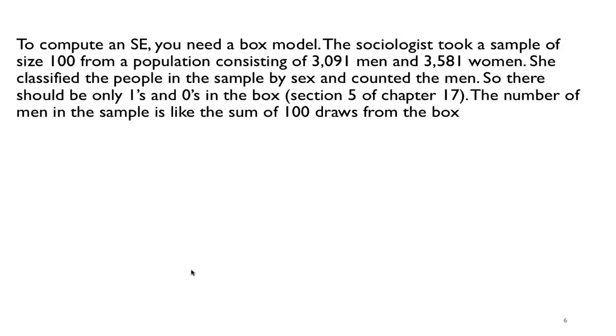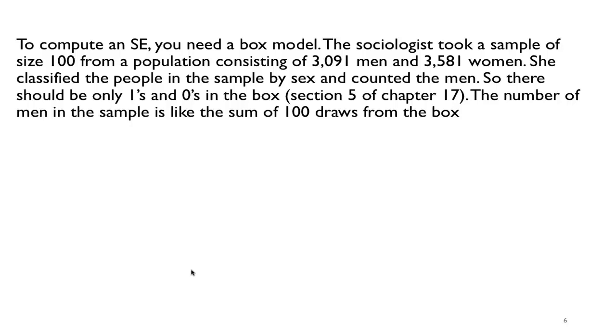So for example, in this case, let's try to find out what the standard error is. We remember from the last chapter that we can look at the box model and convert this into a box where we have a bunch of tickets, and where a ticket is a 1, it represents a man, and a ticket is a 0, it represents a woman.